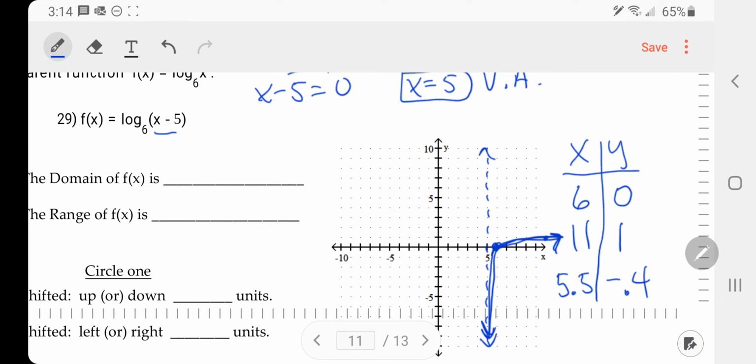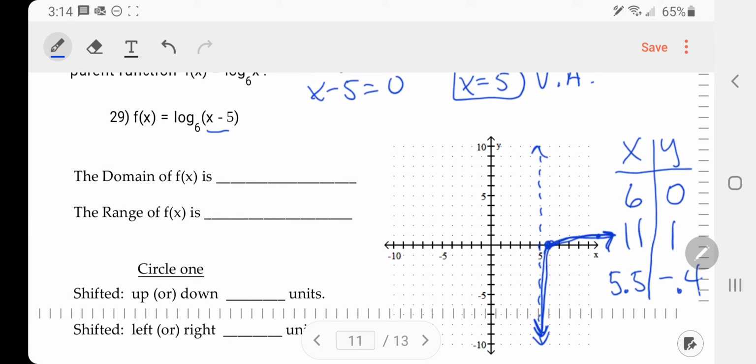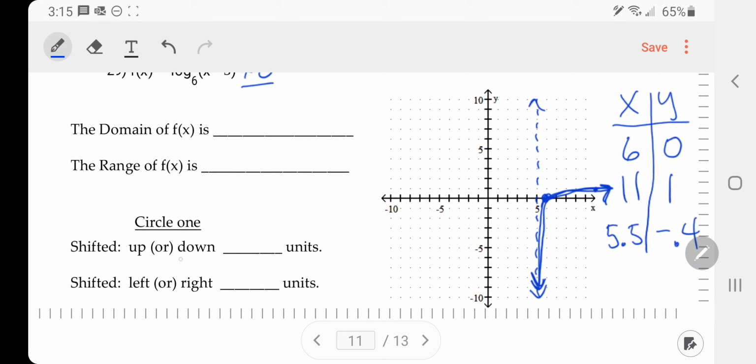And we never did identify the transformations. Let's go back and do that real quick. All right, so there was no number outside the function. So that means no vertical shift, up or down.